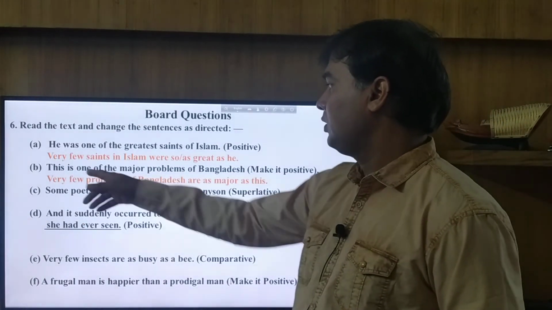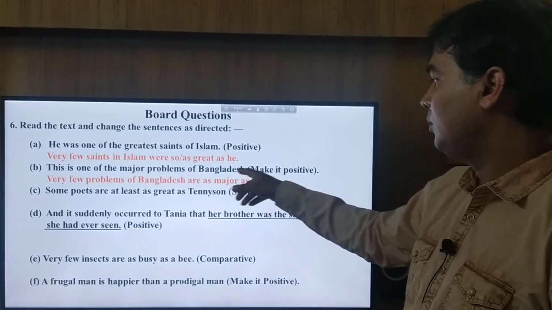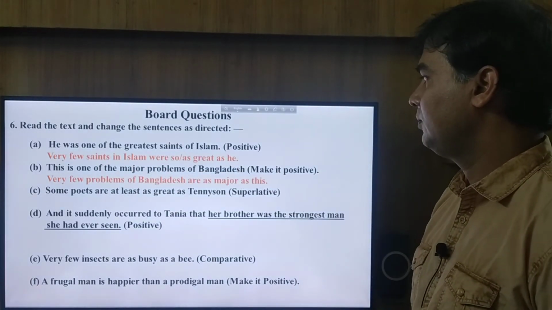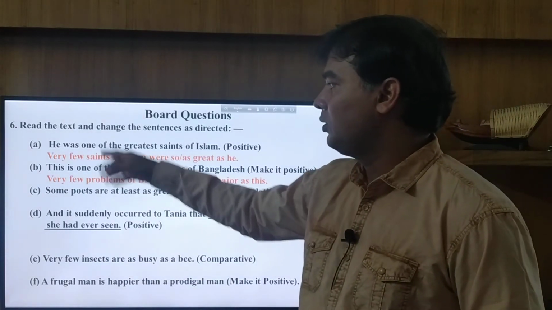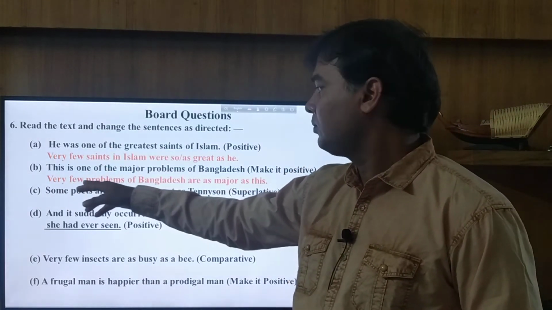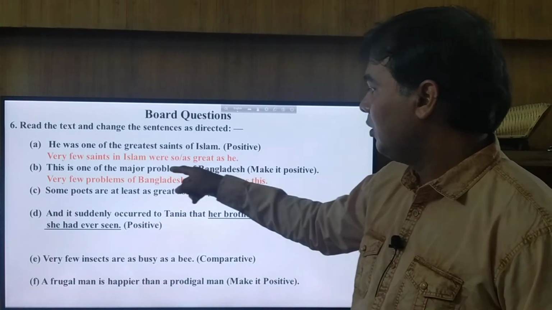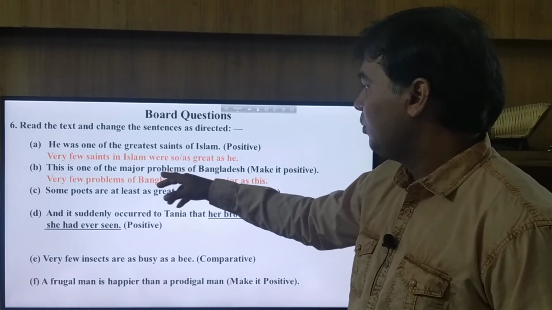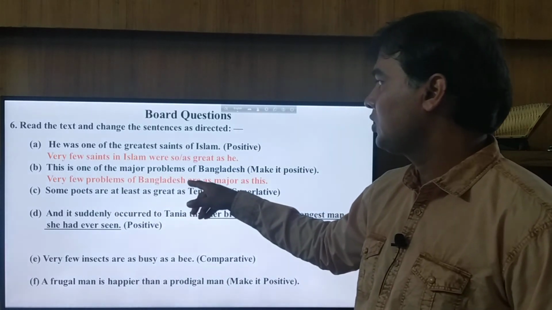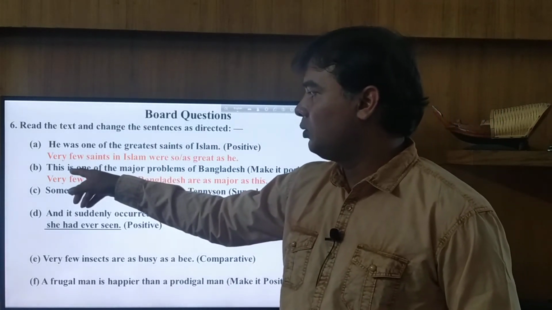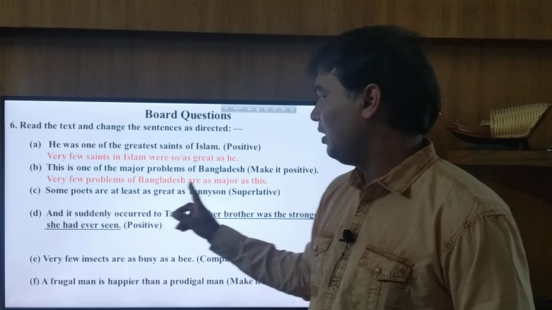Now the next one: This is one of the major problems of Bangladesh, make it positive. Again, one of the, so you can start with very few, then comparable object, problems of Bangladesh, very few problems of Bangladesh, and then you have to use the auxiliary verb are.